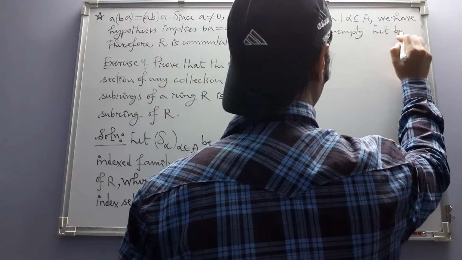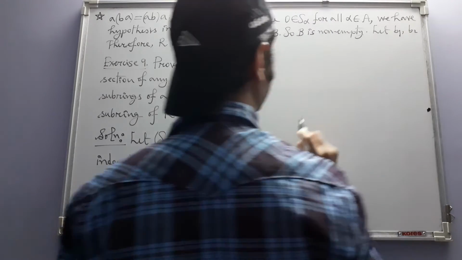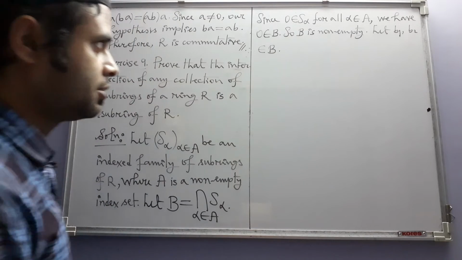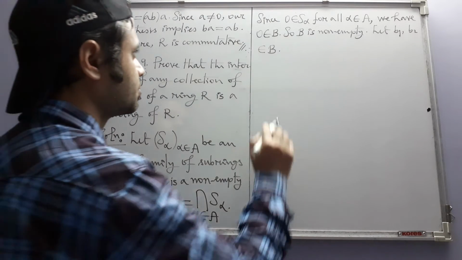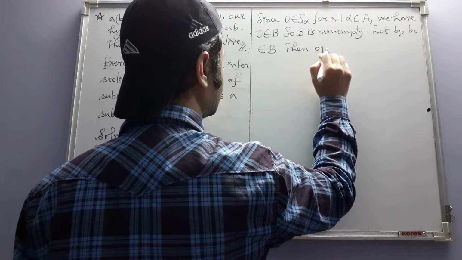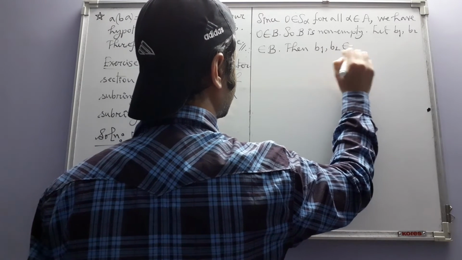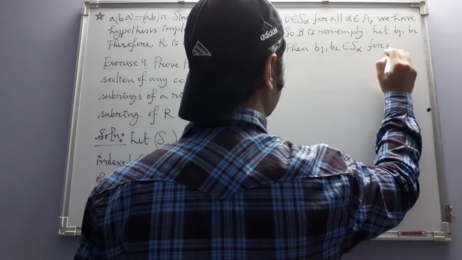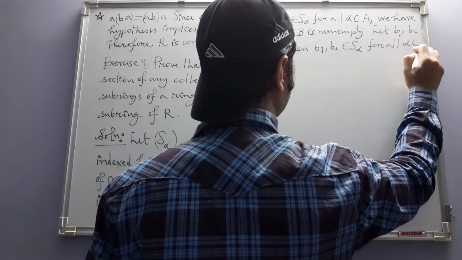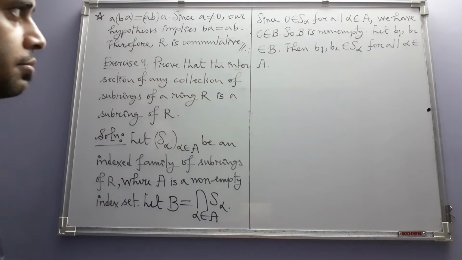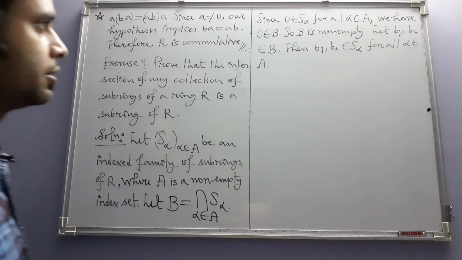Now let B1 and B2 be two elements in B. Then B1 and B2 belong to S alpha for all alpha belonging to A, because B is their intersection.